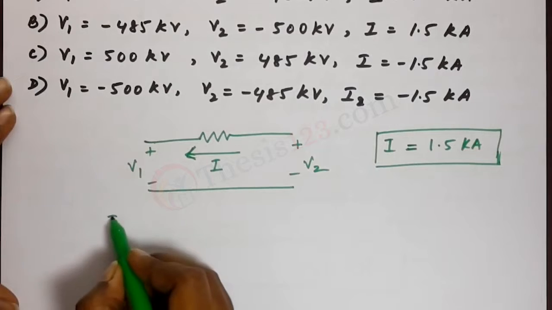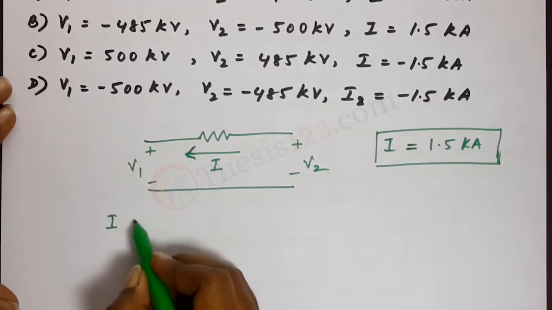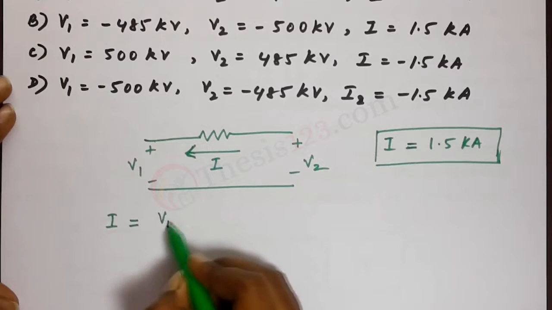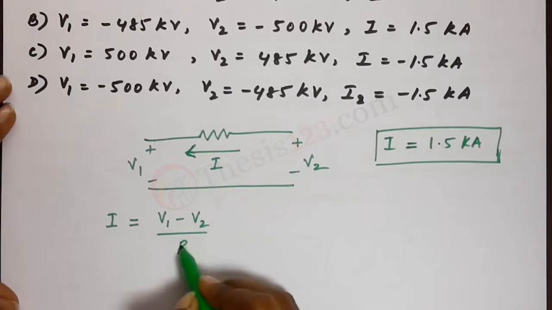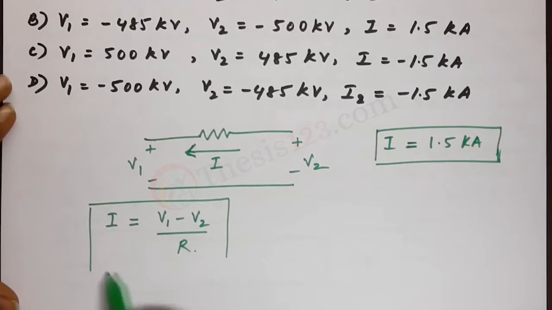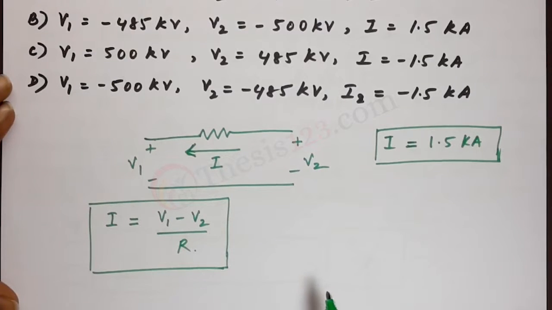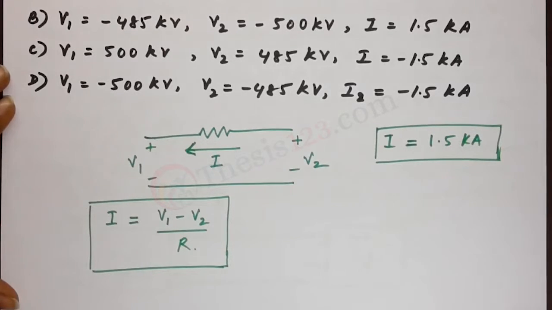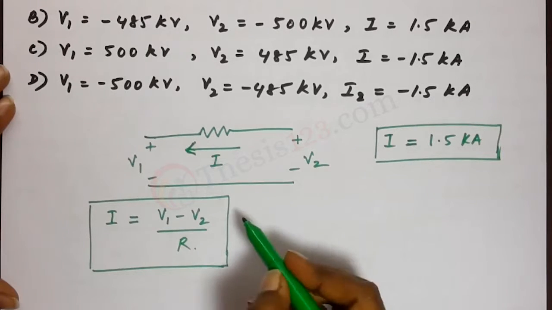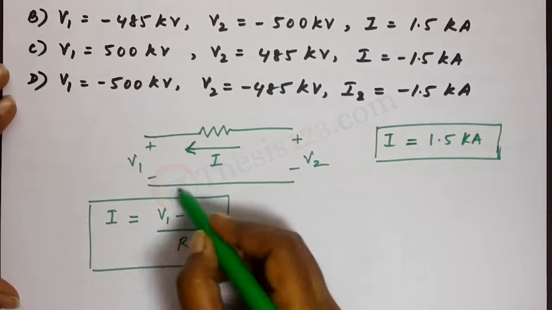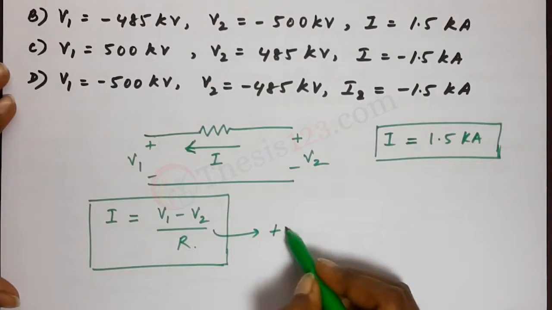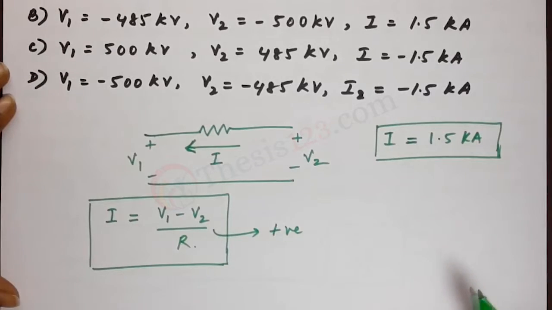So in general, we have the current formula for an HVDC link from one system to the other as (V1 minus V2) by R. This is the general equation, (V1 minus V2) by R. So, if we are to look at the options given to us, A, B, C and D, we have to make sure that this entire value, (V1 minus V2) by R, must be positive or non-negative in that case.